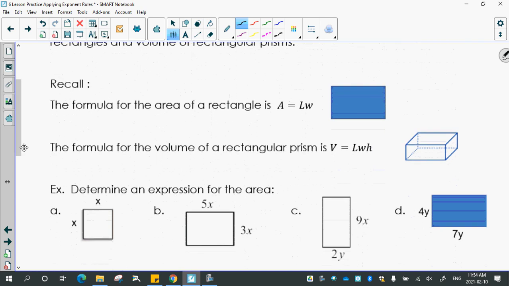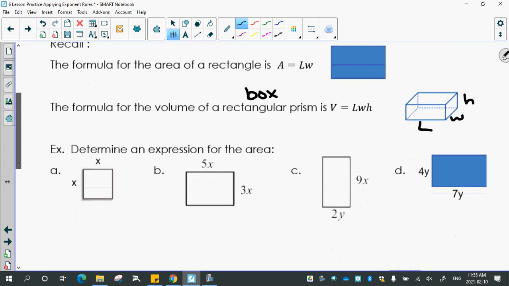Recall the formula for the area of a rectangle is area equals length times width, but the formula for the volume of a rectangular prism, or a box, is volume equals length times width times height. You remember back to grade 8 probably or grade 7.